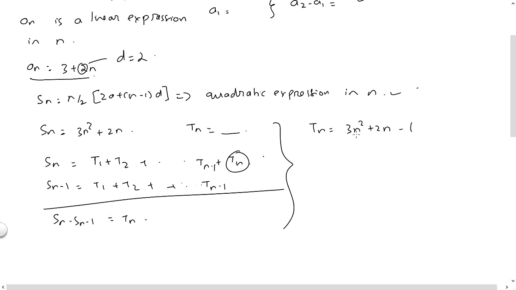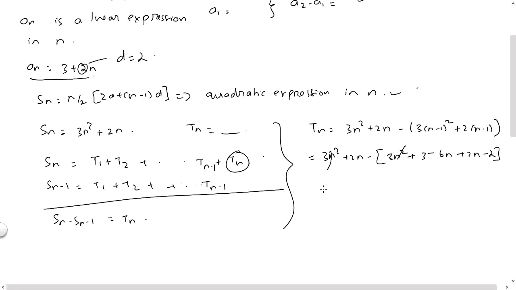For Sn minus 1, we just need to replace n with n minus 1. So that is 3 into (n minus 1) whole square plus 2 into (n minus 1). So that is equal to 3n square plus 2n minus of (3n square plus 3 minus 6n plus 2n minus 2).